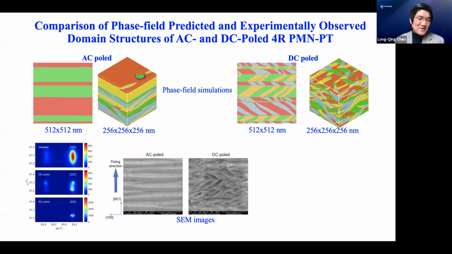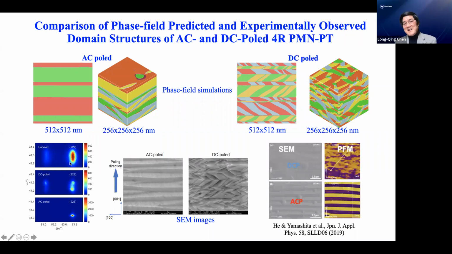And in the X-ray diffraction pattern, the AC poled sample's 222 reflection spot is much sharper compared to DC poled or unpoled. Now, after we submitted our Nature article last year, a few months later, the same Yamashita group who discovered this AC poling, although previously they claimed smaller domains, also showed similar layer structures, just like we predicted from the simulations.